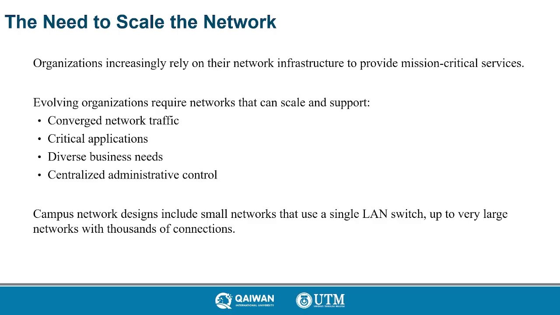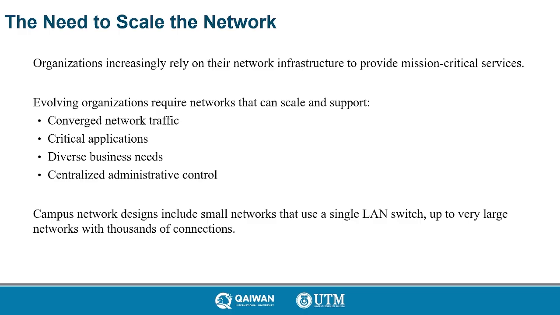And of course, we need to make sure that our network supports converged network traffic. So if there's a lot of traffic, it needs to support it. Critical applications, because sometimes the applications, the database or the financial systems, need a very good network.